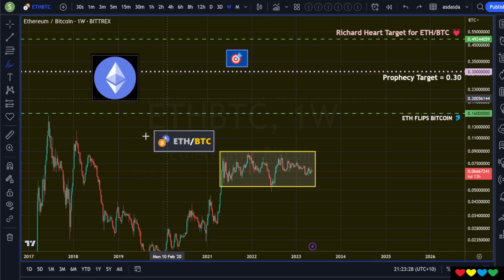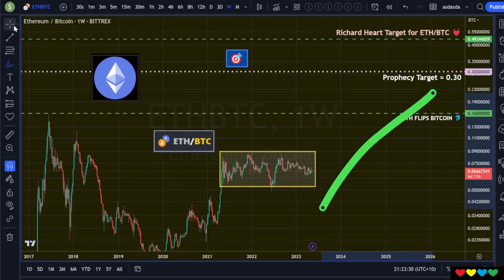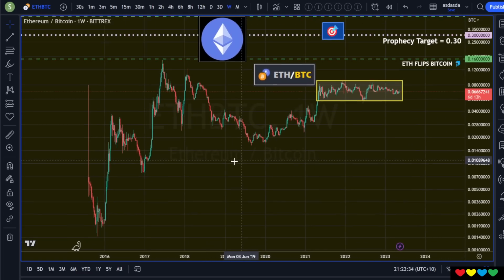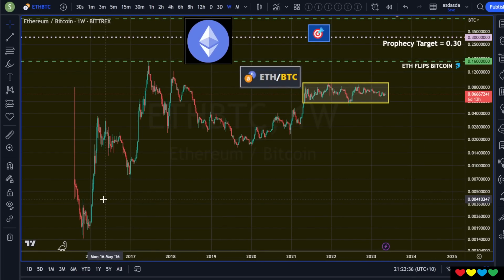Do you remember back in here when I said this is coincidence, when Ethereum launched, it was going into the second cycle for Bitcoin.